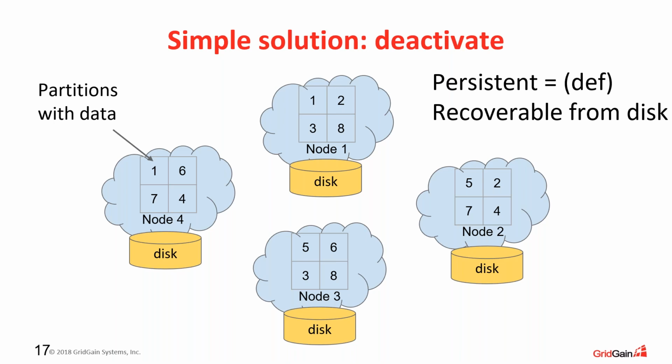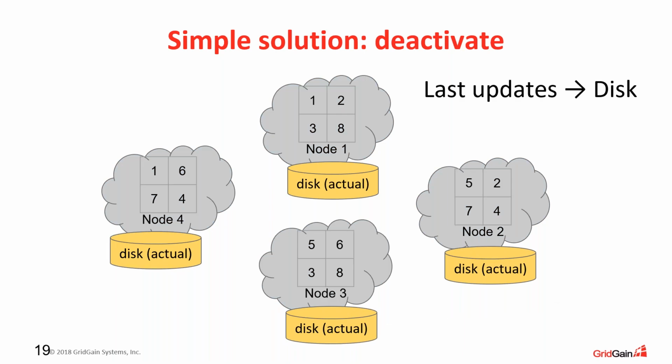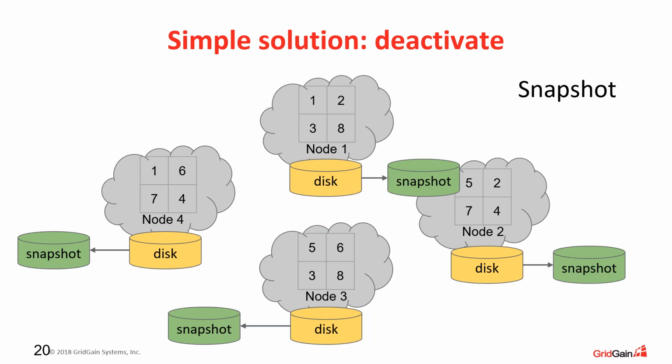So in order to achieve a snapshot, you can just deactivate your cluster. Apache Ignite provides such an option. During the deactivation, all user load will be stopped and all data will be dumped to the disk storage. At this point, if you start your cluster, it will recover its state. So in order to achieve a snapshot, you can just take your disk storage and copy it to a separate directory.